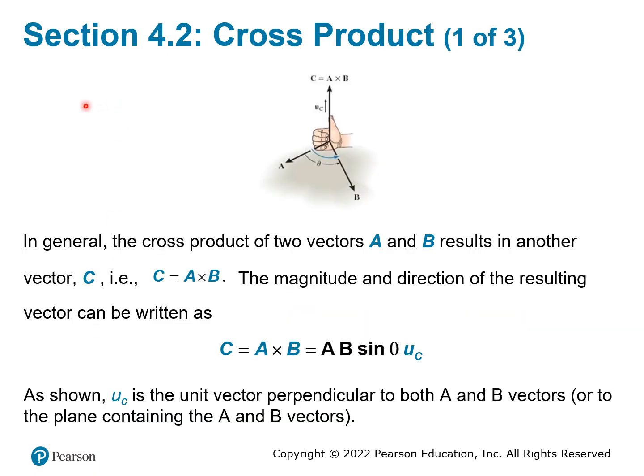Let's look at the definition of the cross product. A cross product is also called a vector product. It's very similar to the idea that we talked about, the dot product in the previous chapter. The dot product is a scalar product, meaning the product of the two vectors is a number, but the cross product is going to give you a vector.